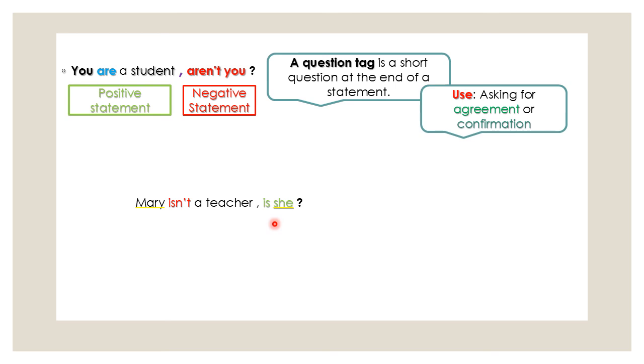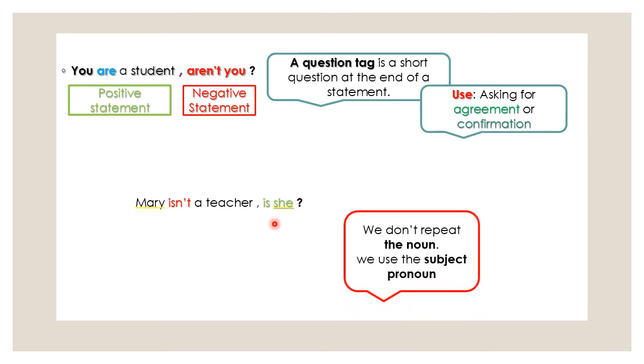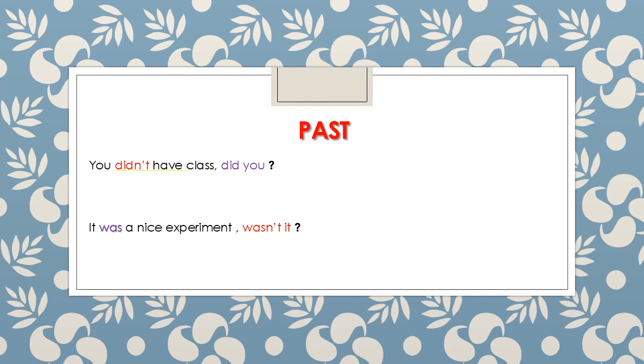Okay? And we don't repeat the noun, we use the subject pronoun in order to avoid repetition. Okay? So Mary isn't a teacher. We don't say is Mary. No, is she. Also, when you're using a tag question, you are using a yes/no question, which means you can answer yes or no. Let's have these examples.